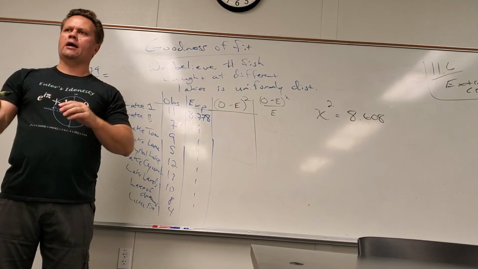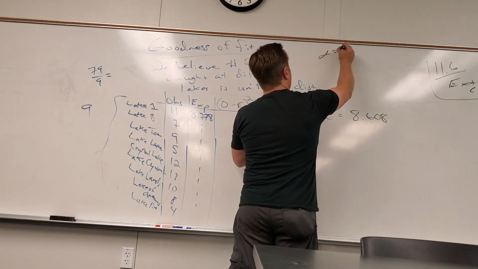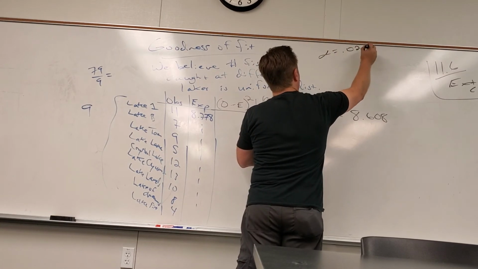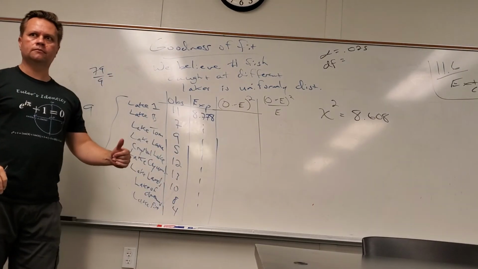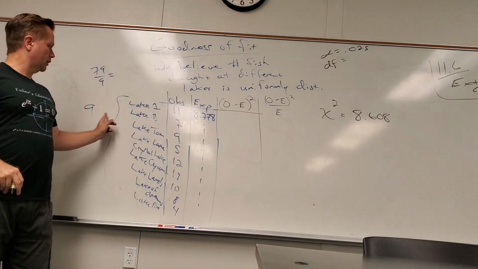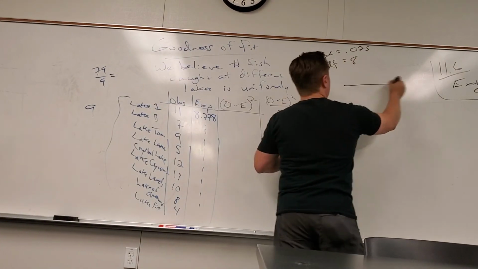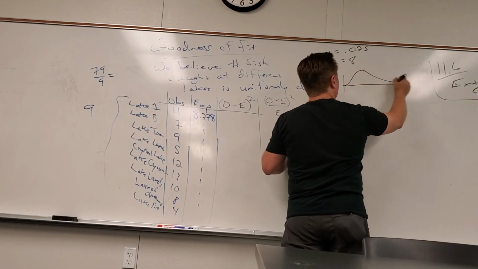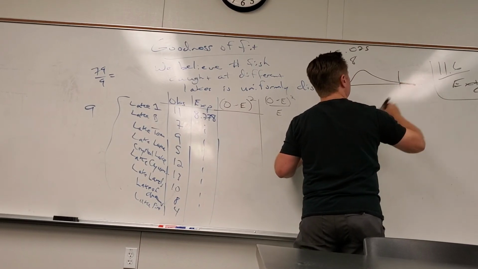Now I go back and figure out what the benchmark was. So let's say that alpha is 0.025. What's my degrees of freedom? 8. One less than the number of categories. So can you find the critical score where the rejection region starts?